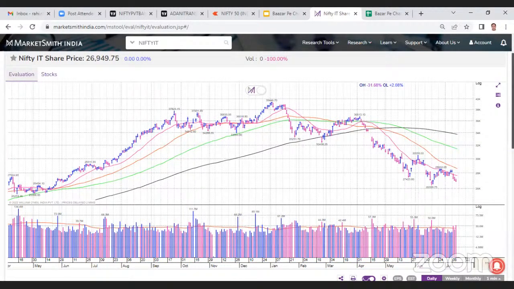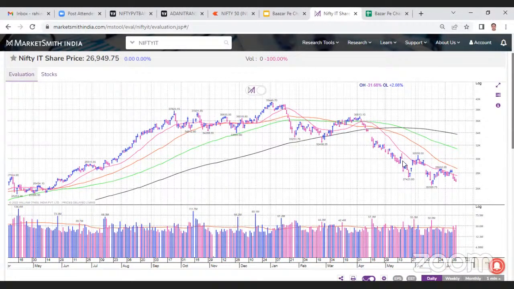We have seen massive selling pressure in this particular space. The reason behind this was that all the leading stocks, whether it is Infosys, Wipro, HCL, all these leading stocks, are in a phase of consolidation, which impacted this particular index.